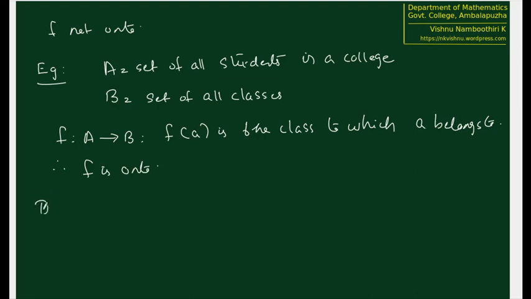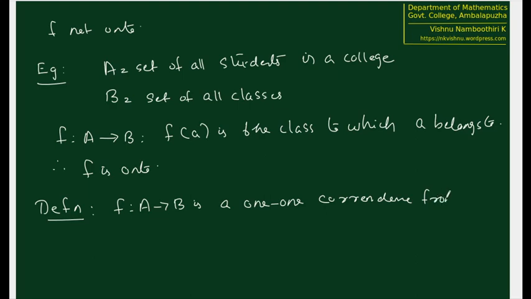Now we have the final definition in this line. f from A to B is a one-one correspondence from A to B if f is both one-one and onto.